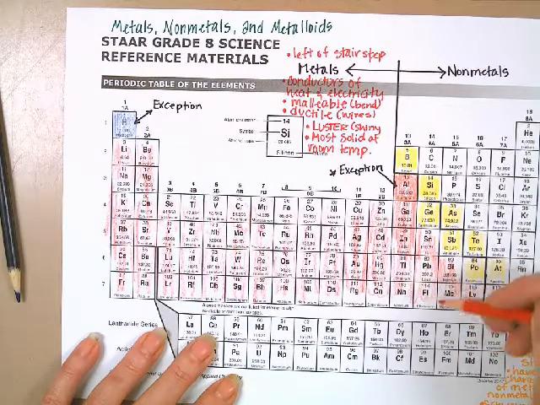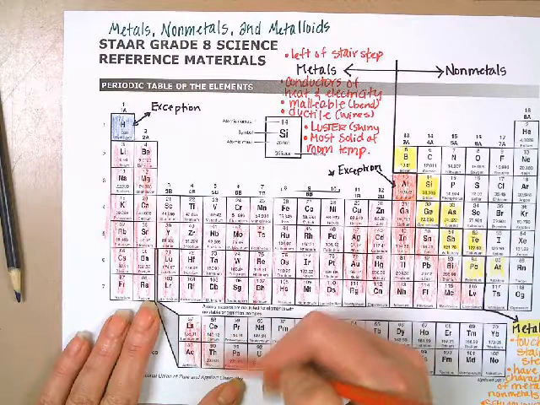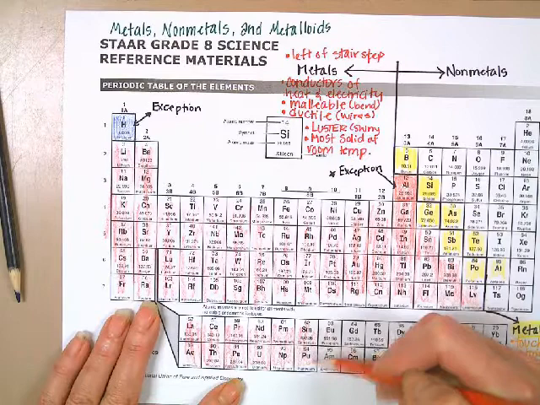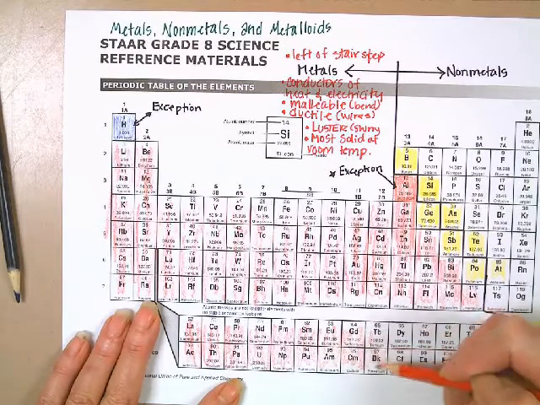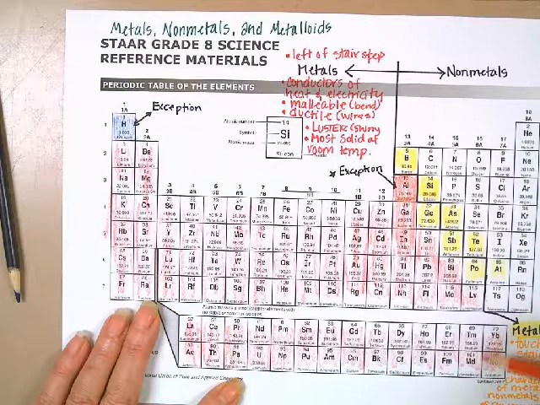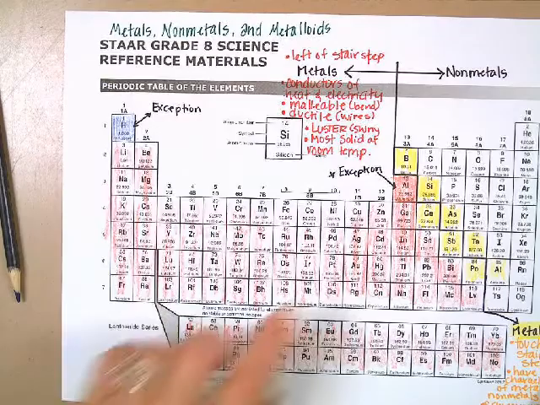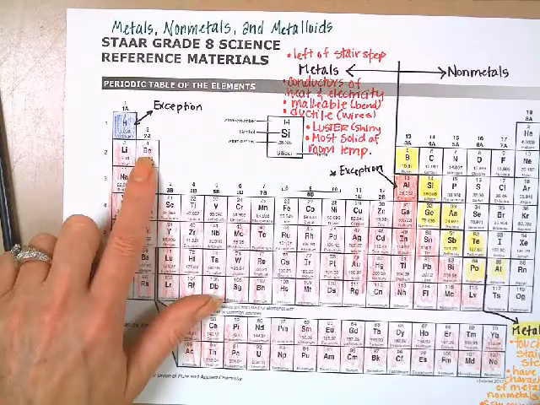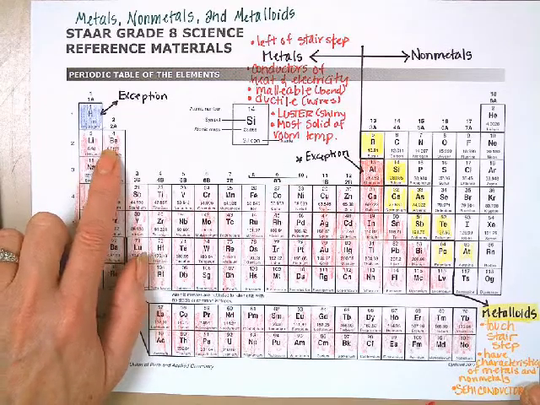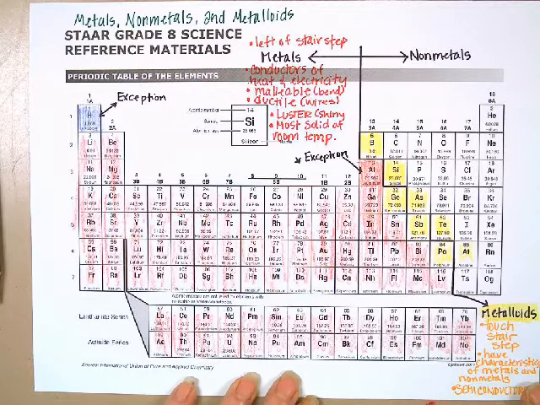The stair step tells you this is where we separate metals from nonmetals. So if you can't color in, that's where you start, at the stair step. The ones touching are metalloids. The ones to the left are going to be our metals, remembering your two exceptions. Okay, so if you can't color code and do what I'm doing, those are the things that will help you remember the best where to locate certain elements.